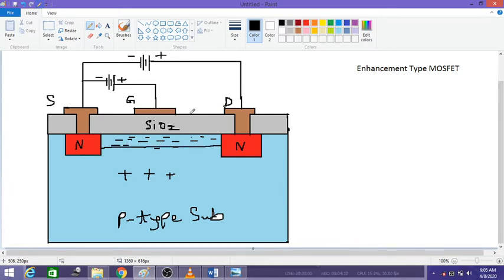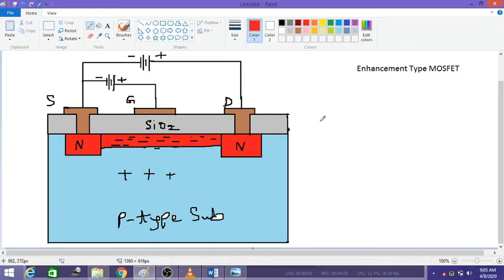As you apply a higher and higher gate voltage, the width of this channel also increases, meaning there is a formation of more and more minority charge carriers near the SiO2 layer. So now I can say there is a formation of the channel, and the current flows from source to drain.